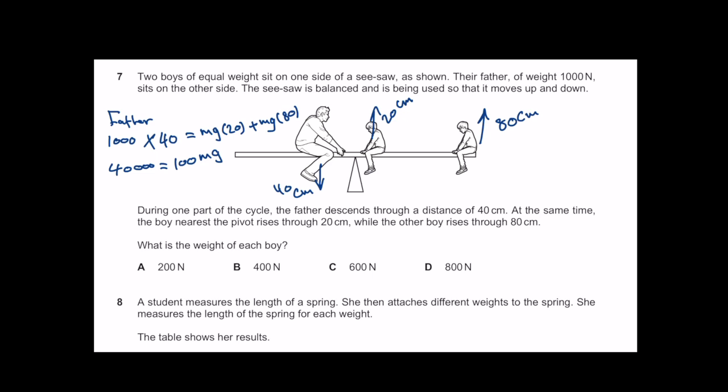So depending on that, the mass of each boy equals 40,000 divided by 100 times g, and g is 9.81. Please use that. So 40 divided by 100 times that number, if you use your calculator, it could give you around 400.